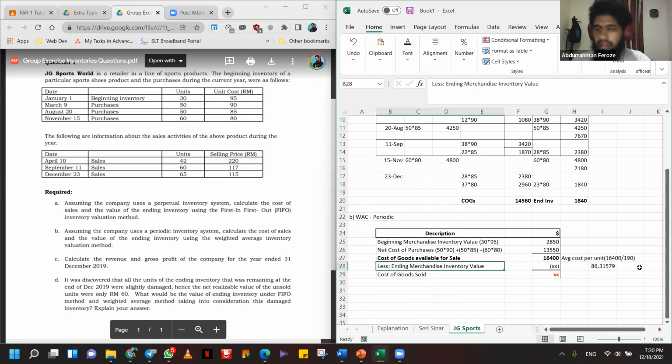So that is the value that we need to take for the ending inventory. This is the average cost per unit for the ending inventory.